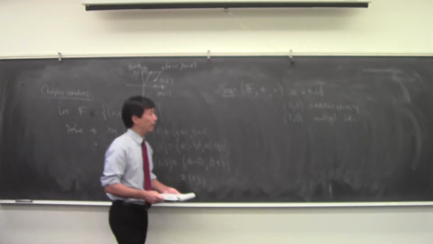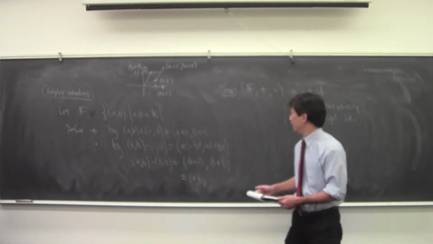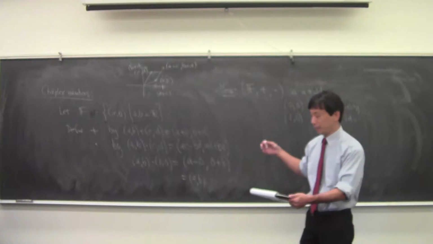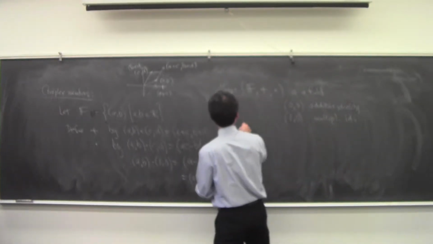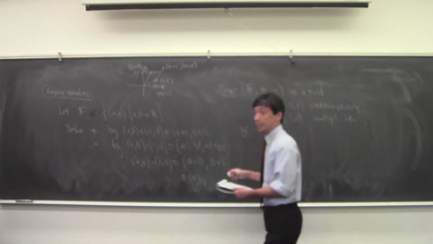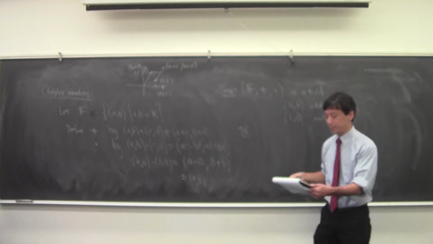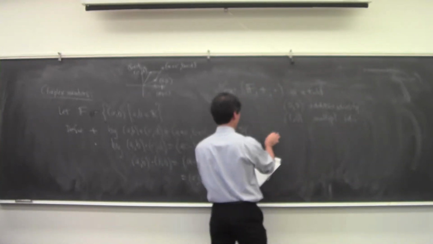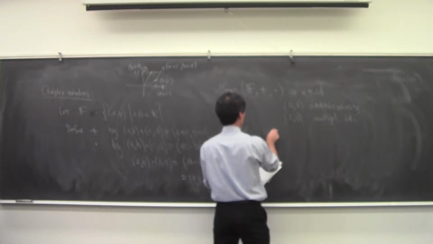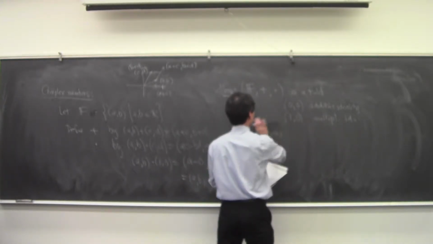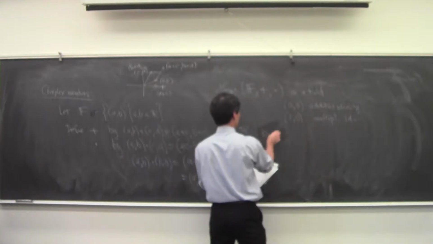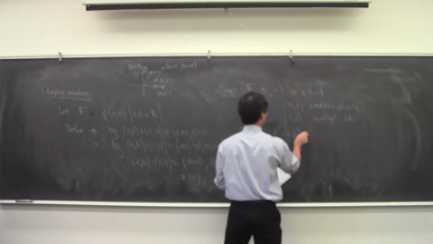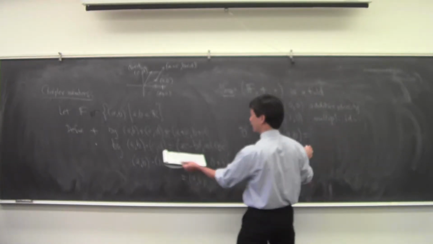And so, in order to prove that this thing is a field, you need to prove all those axioms. So, for example, if we look at CD times AB, what do you get?